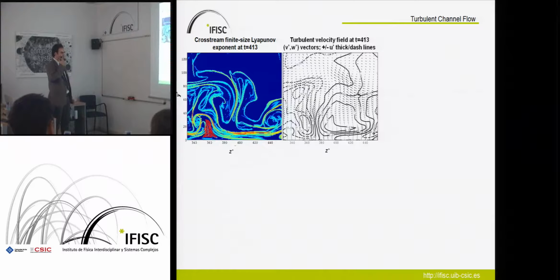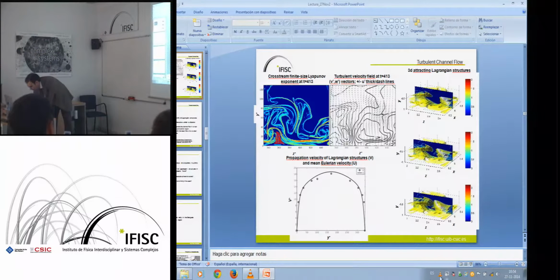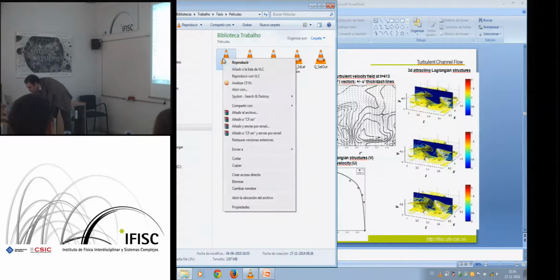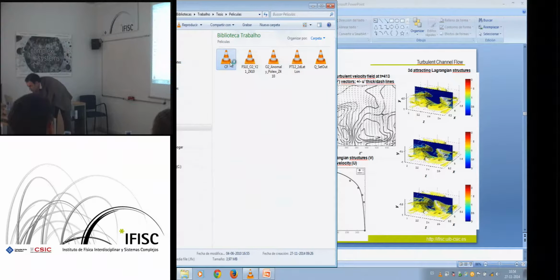So this was a kind of confirmation that these structures did have a strong relation to the motion of particles, which is something that we were looking for. And so now I will show you a small animation of how these structures actually move with time.